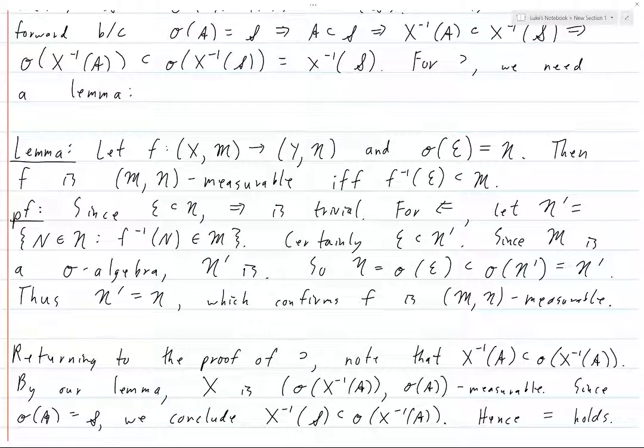But to prove that X inverse of S is contained in sigma of X inverse of A, the idea was to consider an element of S and try to imagine how it would be constructed from A. Given a collection A and the sigma algebra S generated from A, there's a way to characterize elements in S in terms of elements in A. It answers the question of how you could construct an element of S from elements of A. You know that S has to contain A, and it needs to be closed under complements and countable unions.